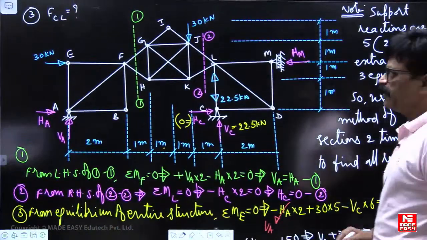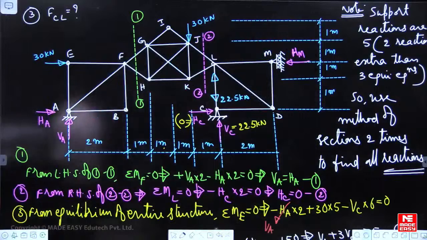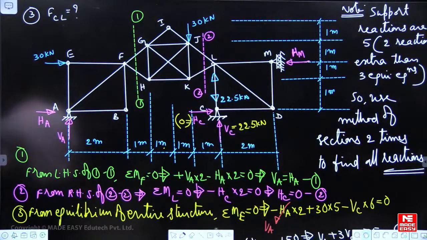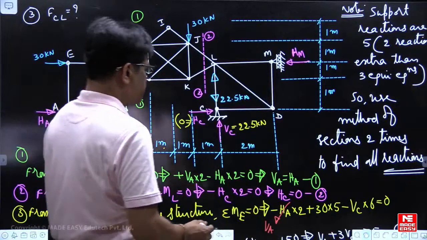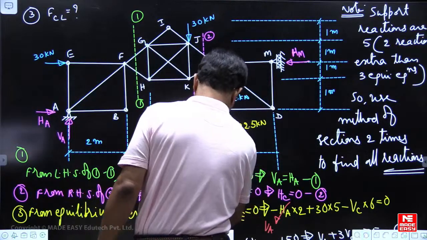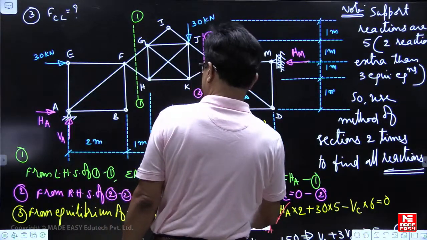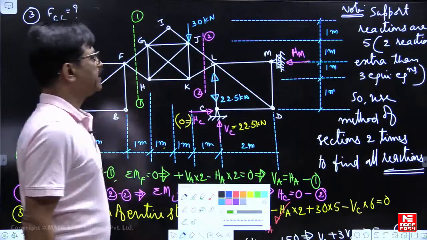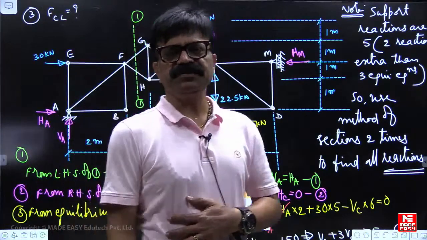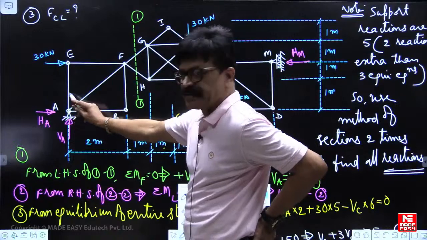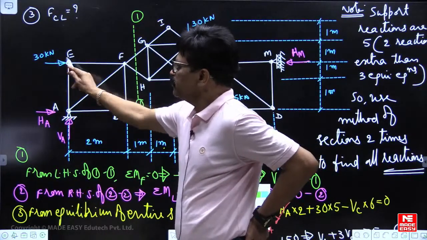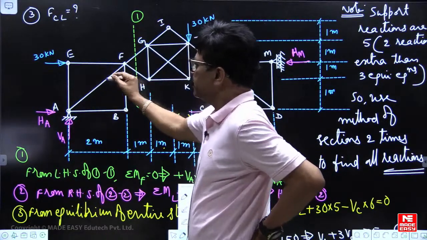Now we want to find how many members have zero force. Number of members with zero force. Can we detect how many members have zero force? So come to say first from here. 1, 2, 3. 2 are in line.